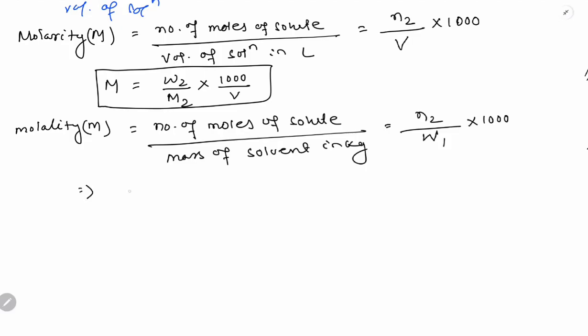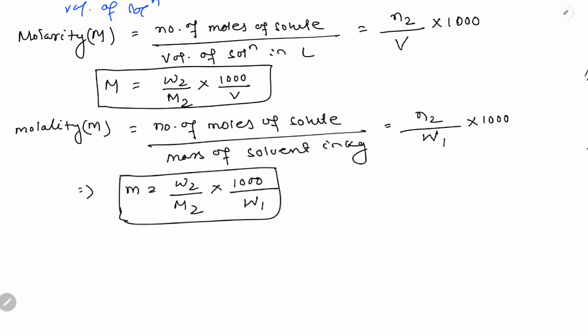So our formula becomes small m equals n2, and n2 can be written again as given mass, that is W2, by molar mass, into 1000 divided by W1. So this is our formula for molality.